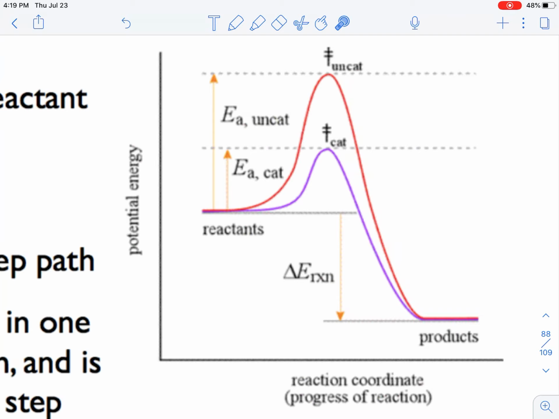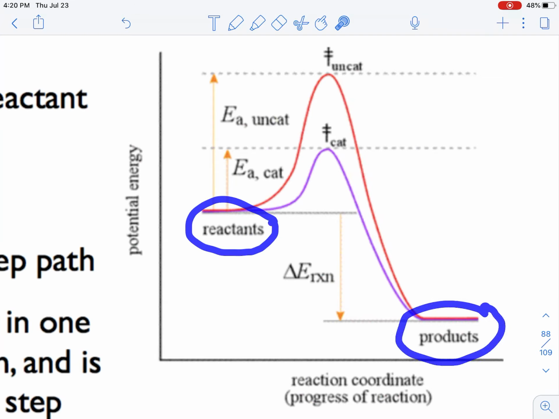And so there are some more things I want to point out. First and foremost, the only thing that a catalyst does change on a potential energy diagram is the height of the activation energy. And so it decreases the activation energy. However, the potential energy of the reactants and the potential energy of the products remain unaffected.